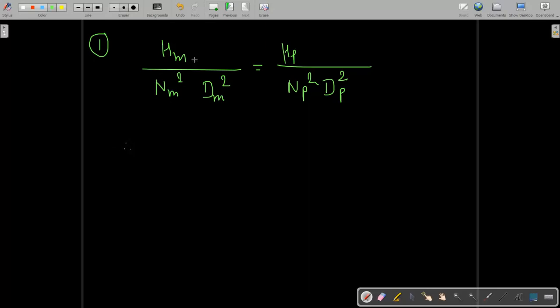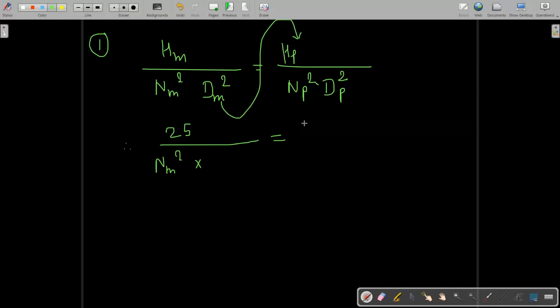Here just take N_m on one side and all other things on the other. So head of the model is 25 meter. The model's rpm we have to find. Diameter is not directly given, but in terms of ratio it is given. So just take D_m on this side.